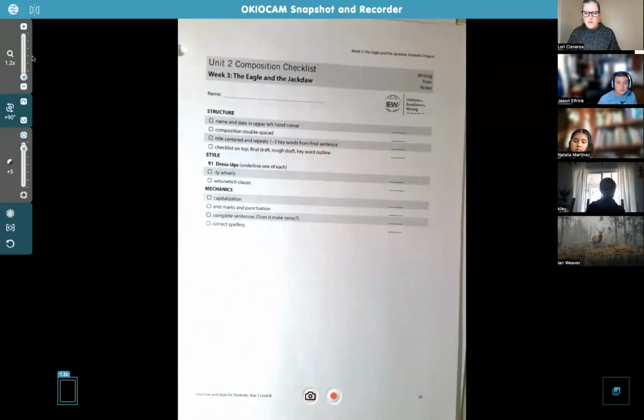I know we've talked about this before, but when you get done with your paragraph about the eagle and the jackdaw, the very last sentence, you're going to think of a word that you see there or use one of the words or 2 or 3 in a new title. You're going to change the title. And it has to come from that last sentence. So you're going to think of a word or 2 or 3 to use in your title.